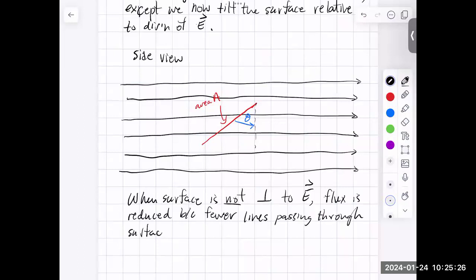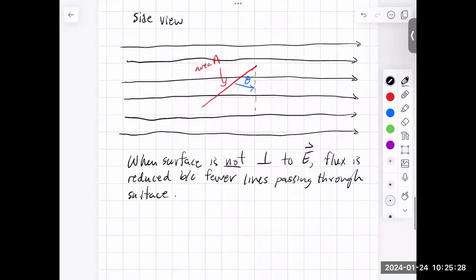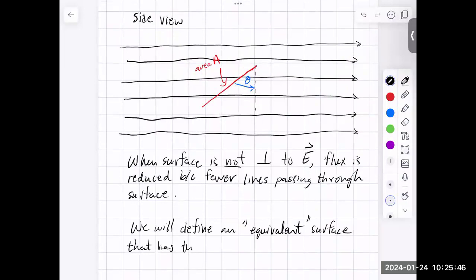Okay, that's fine. We will define an equivalent surface that has the same flux through it. All right, and so let's define that surface right now.